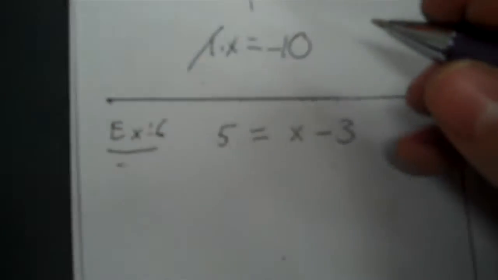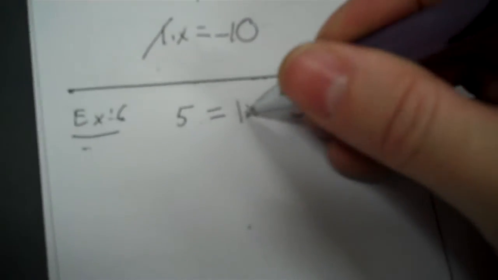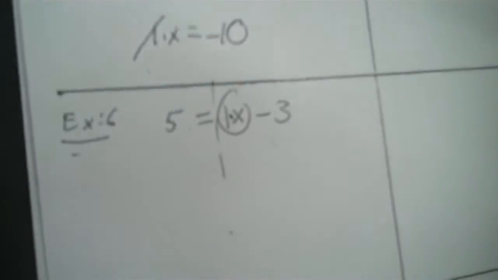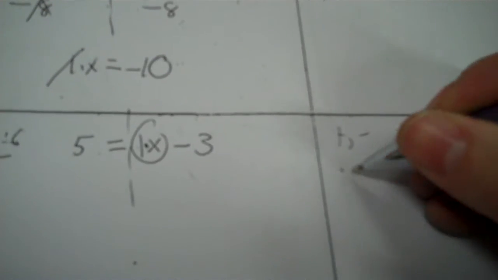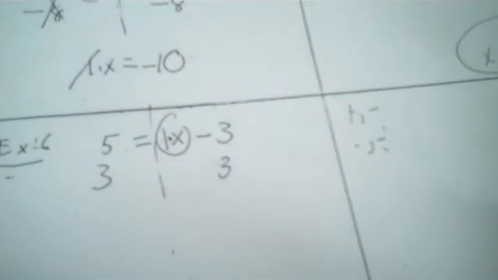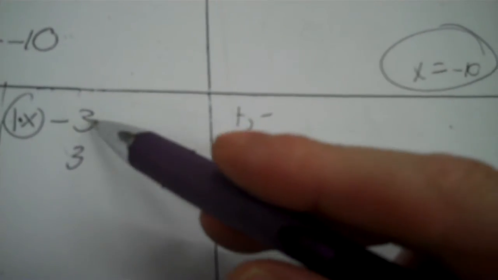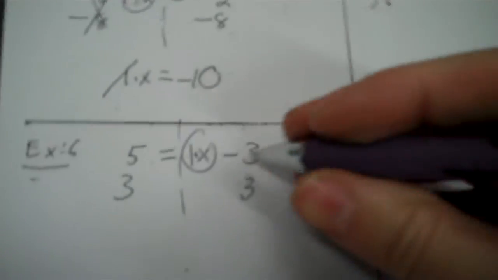Okay, example 6. 5 equals, put a 1 dot x, plus minus times divide. Now the wall's on this side, so it's the 3 I need to put underneath. Now look up top, your 3 is a negative, so you are going to put a plus 3.